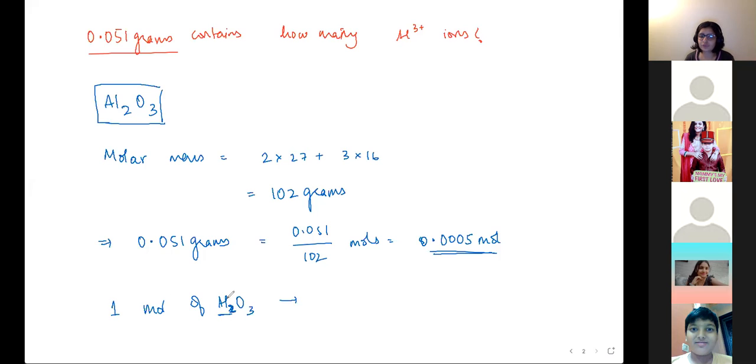So if you take 1 mole of it, you will get 2 into Avogadro's number ions of Al3 plus, because it is Al2. So to find the required quantity, in 0.051 grams, that is 0.0005 moles, how many ions of this do you have? Quickly do the calculation and send the final answer. Raghav, you also send it on chat, okay?